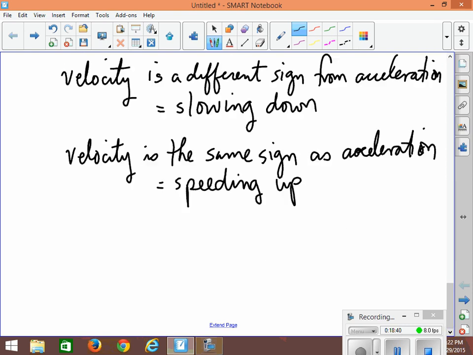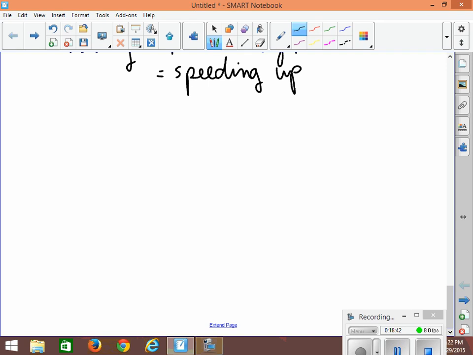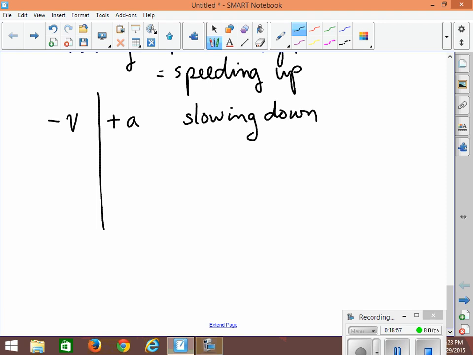So, one more little summary then. If you have negative velocity and you have positive acceleration, they are not the same, which means you're slowing down. And you can tell the direction by looking at the sign in front of the velocity. Slowing down, and this is the sign you would look at to determine which way you were going, right?